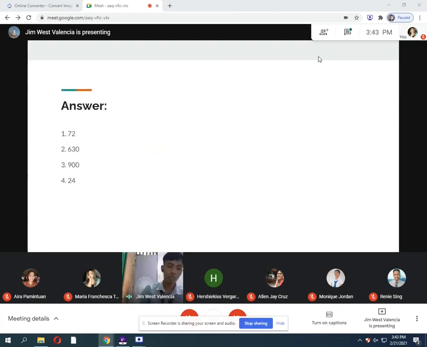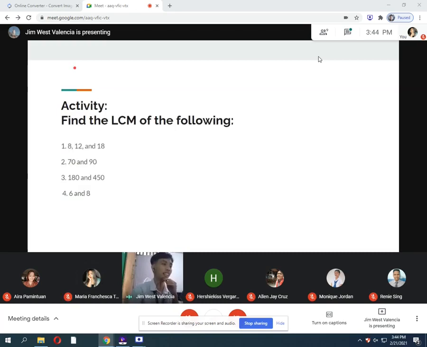Can I ask what methods did you use in finding the LCM of each number? Anyone? Ano ang ginamit nyo para magsagot ng LCM? Jampol?